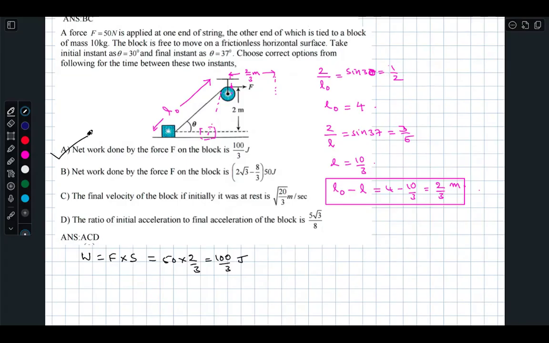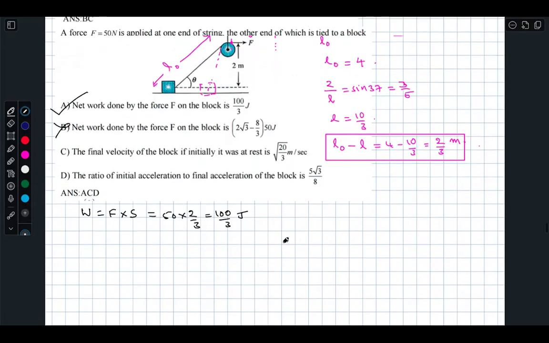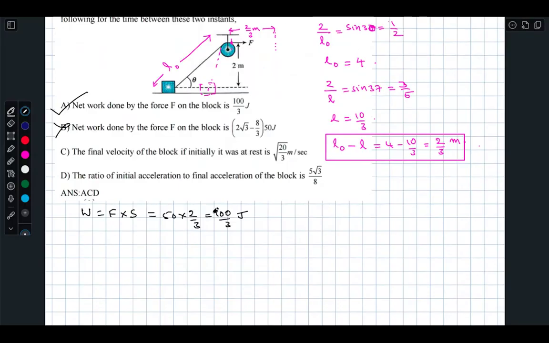When A is correct, B is wrong. The final velocity of the block: this is the work done, the net work done on the system, right? So net work done is the change in K. Don't ask me silly questions.